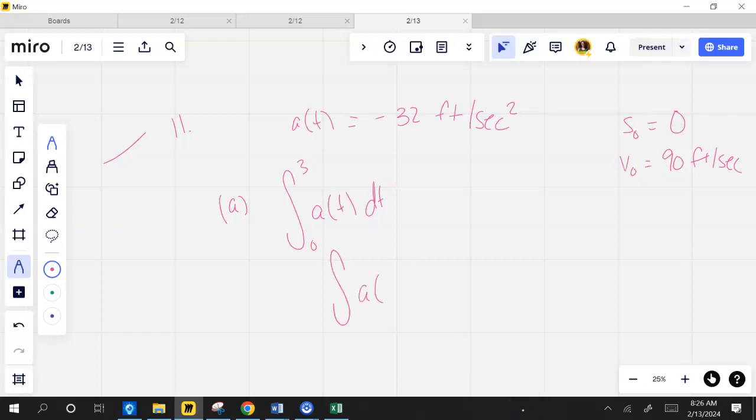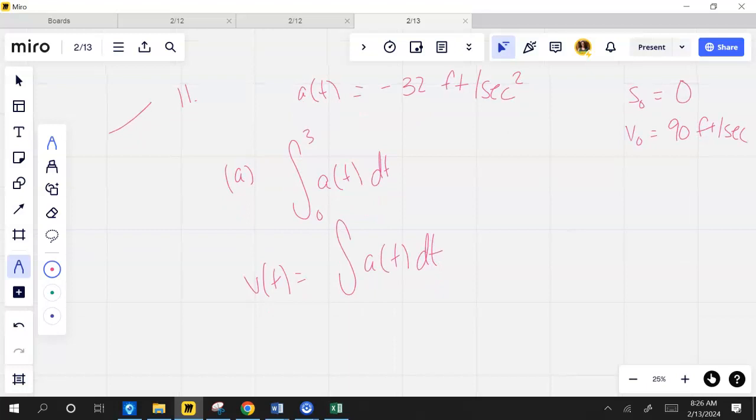That would be negative 32t plus 90 because that's my initial velocity. Does that make sense? So now what is the velocity after 3 seconds? Well, I could just plug into that equation that I just made.